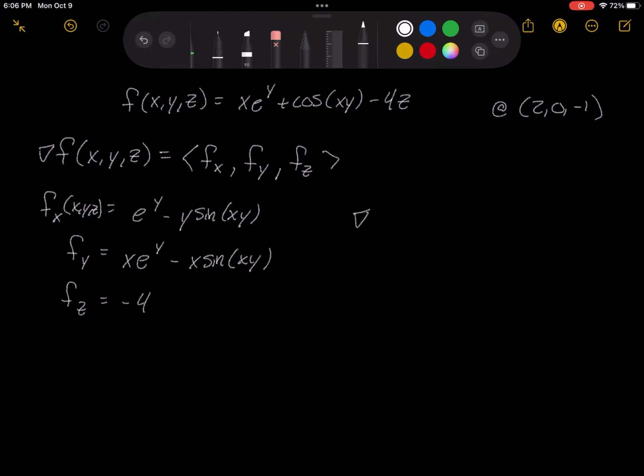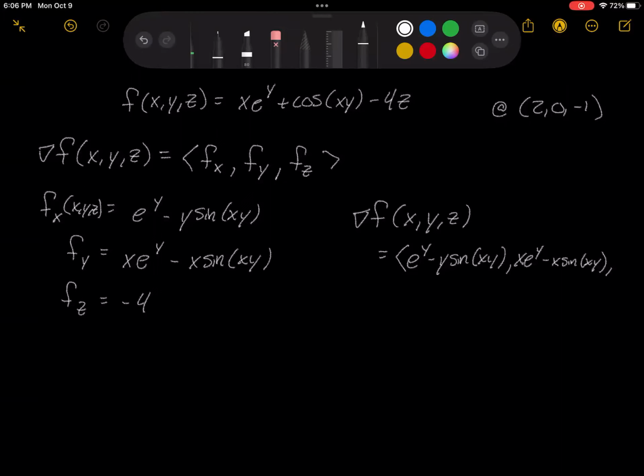Therefore, my gradient vector, also a function of x, y, z, is the vector of my partial derivatives. So it is the vector of f sub x, which is e to the y minus y sine xy. The partial in the y direction was x e to the y minus x sine xy.